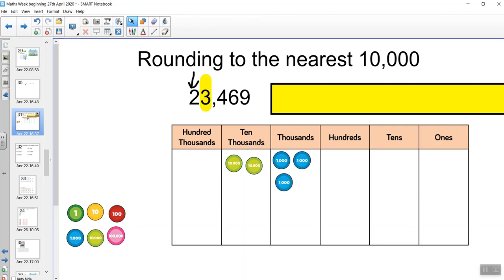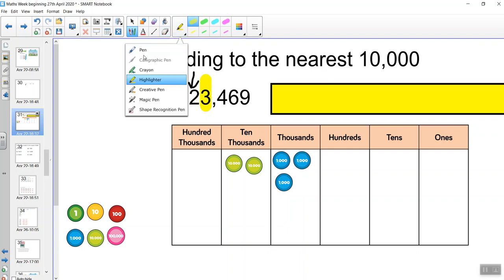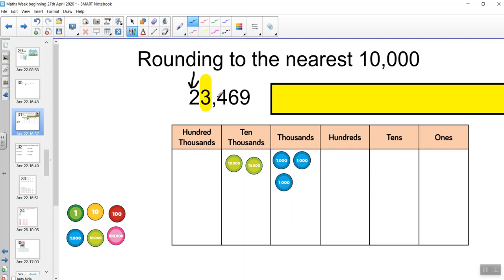And when I round, all of these other digits will turn into zeros. So I'm not going to put anything in my place value grid here because I know that I don't need them when I'm rounding to 10,000. I only need these 2 places to help me. So if I want to round 23,469 to the nearest 10,000, I'm going to look at my 3,000s here, and they're less than 5.